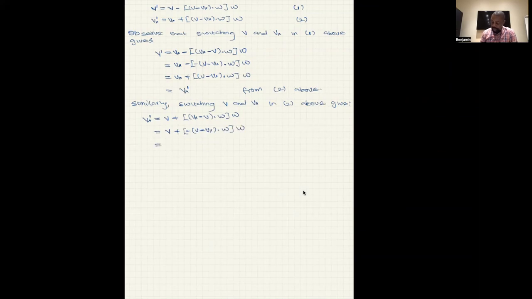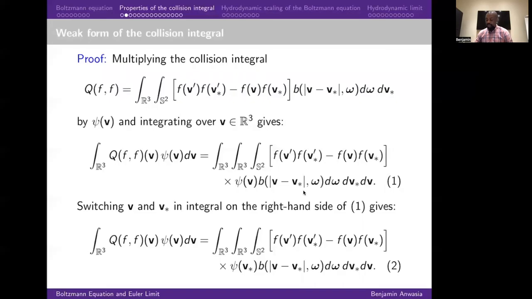And this is equal to V minus (V minus V star dot omega) times omega, which is equal to V prime from equation 1 above. So we have just shown that V prime transforms into V star prime, while V star prime transforms into V prime by switching V and V star in the integral on the right-hand side of equation 1. That is this equation.